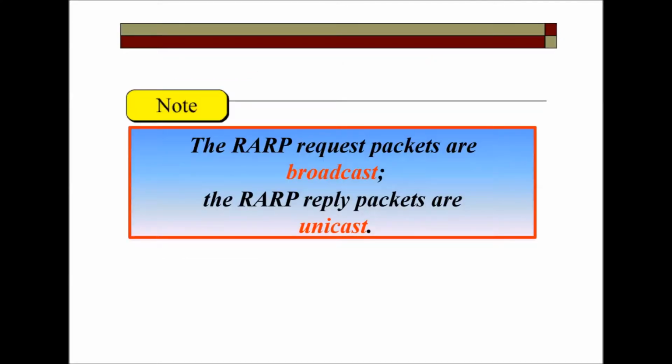As we have also discussed in ARP, the ARP request is broadcast and the ARP reply is unicast. So reverse ARP request packets are broadcast and reverse ARP reply packets are unicast, and this unicast will be from our reverse ARP server.